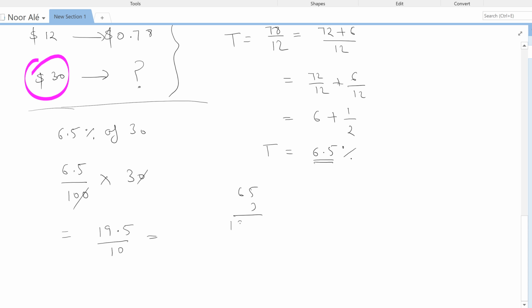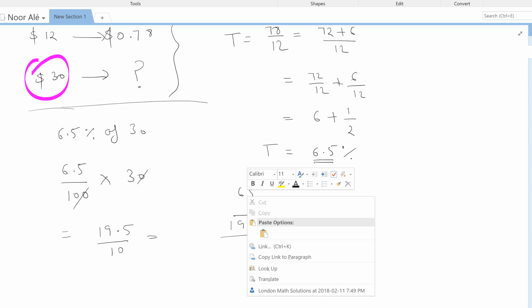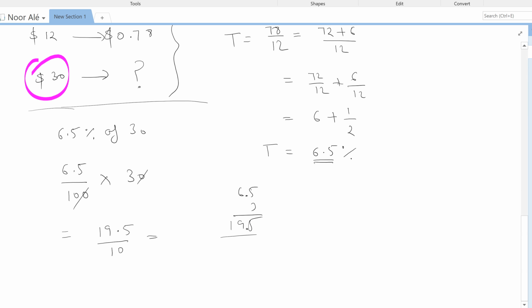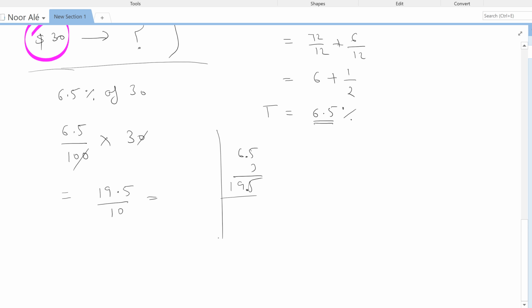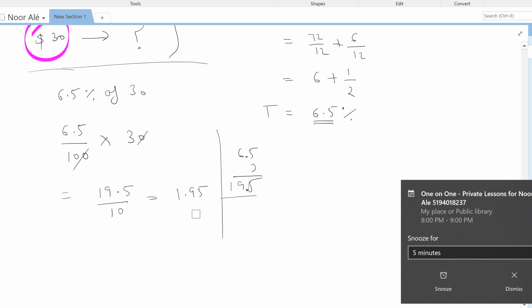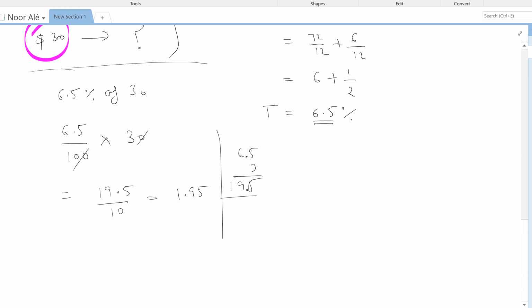And by doing that, you'll find out that answer. But you have a decimal right there after one digit, right? So you put a decimal exactly after one digit. So 19.5 over this 10. Now this 10 is going to push the decimal, and your decimal moves to the left one digit, right? So we got that. All right, so 1.95 is the answer, those many dollars.